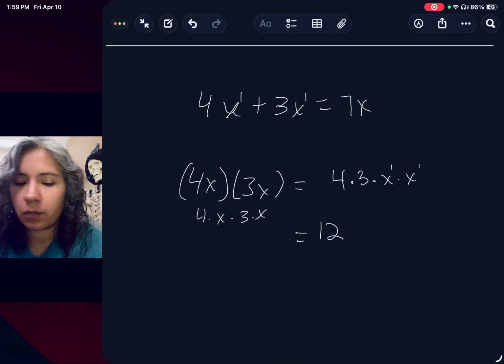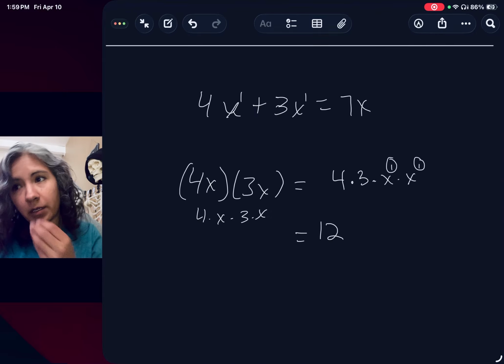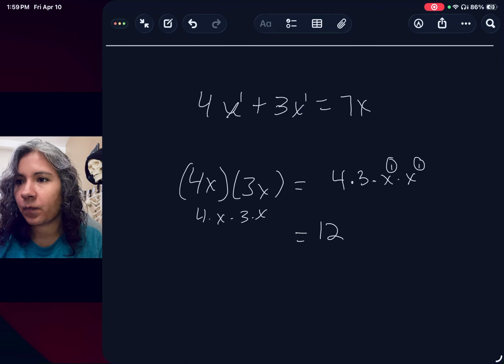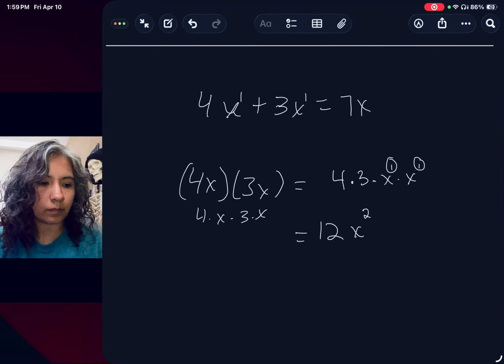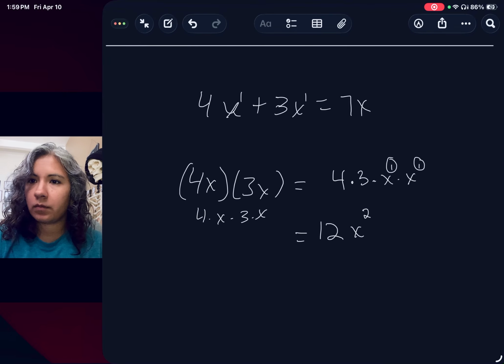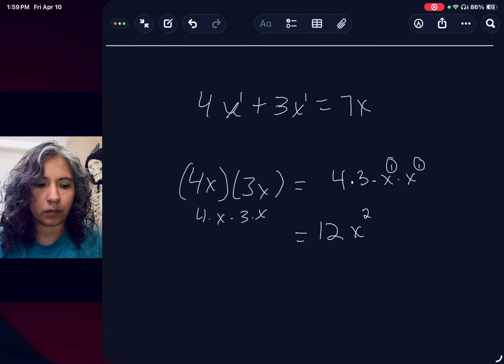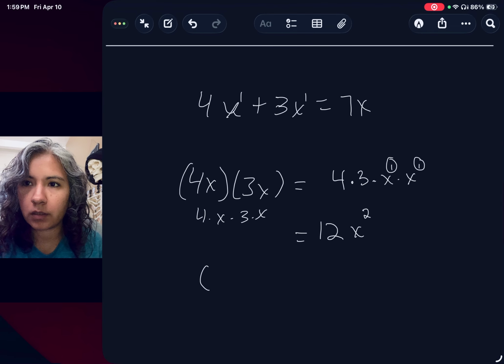So 4 times 3 is 12. And whenever we multiply variables, just like with the tens, the power of the tens, we add their powers together, right? So x times x becomes x squared, okay? So terms can be multiplied even if they're not like terms. So let's do the opposite.